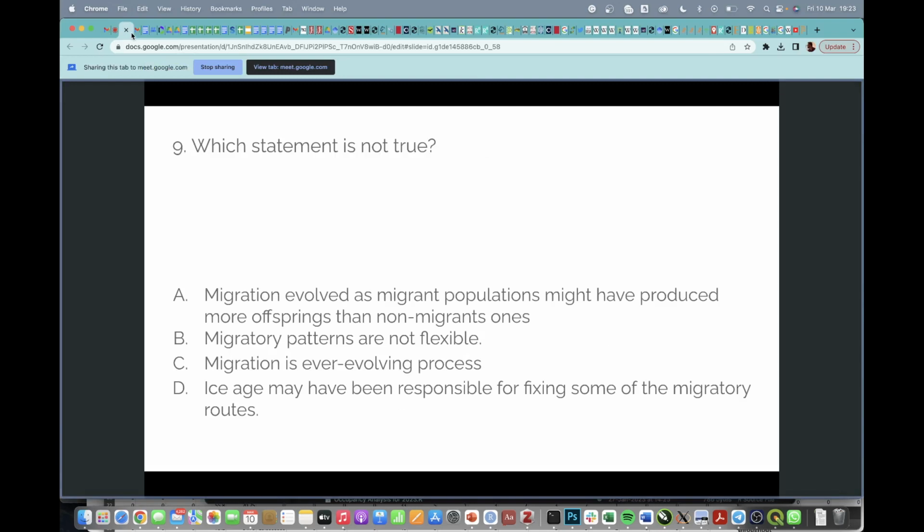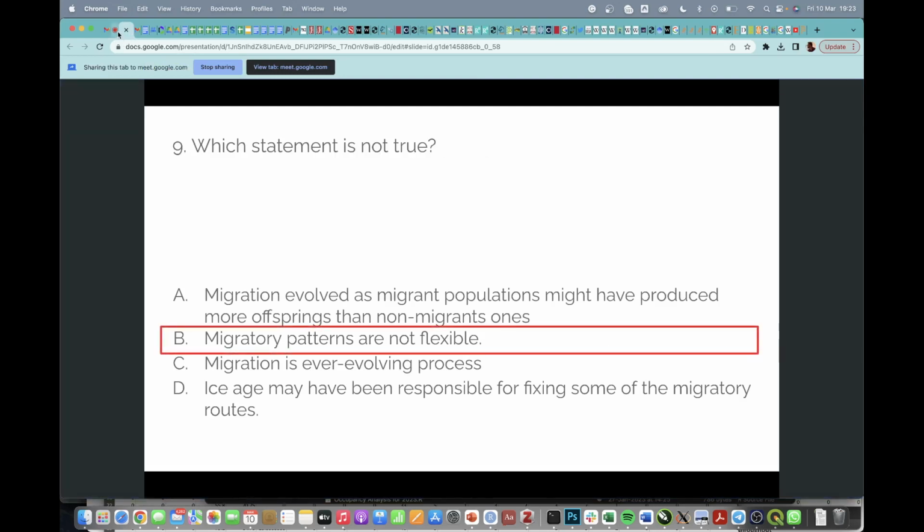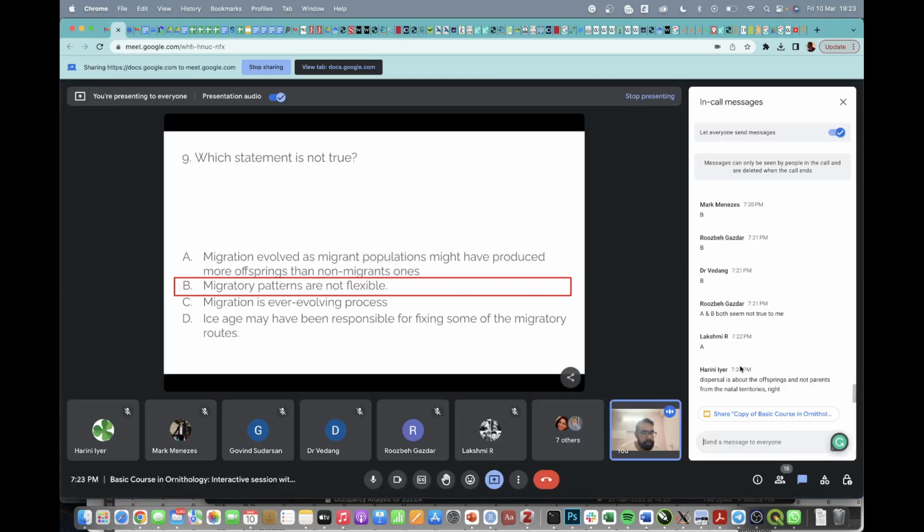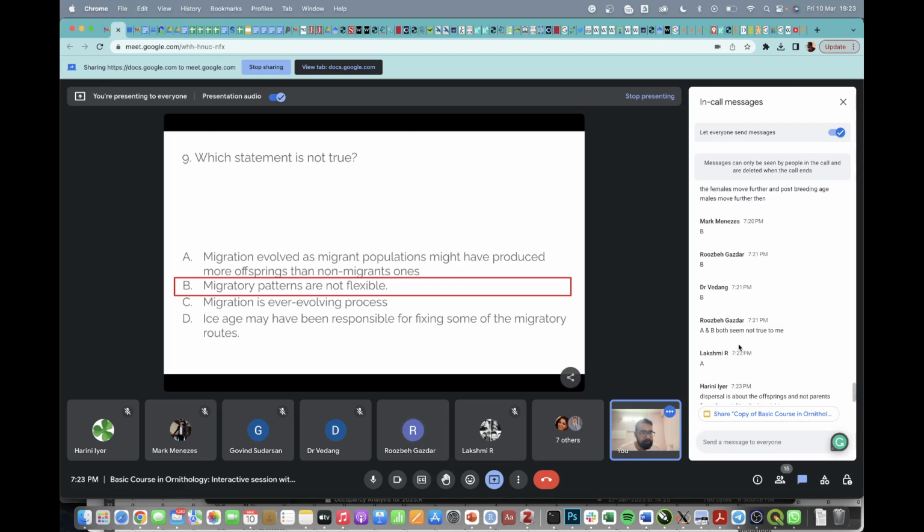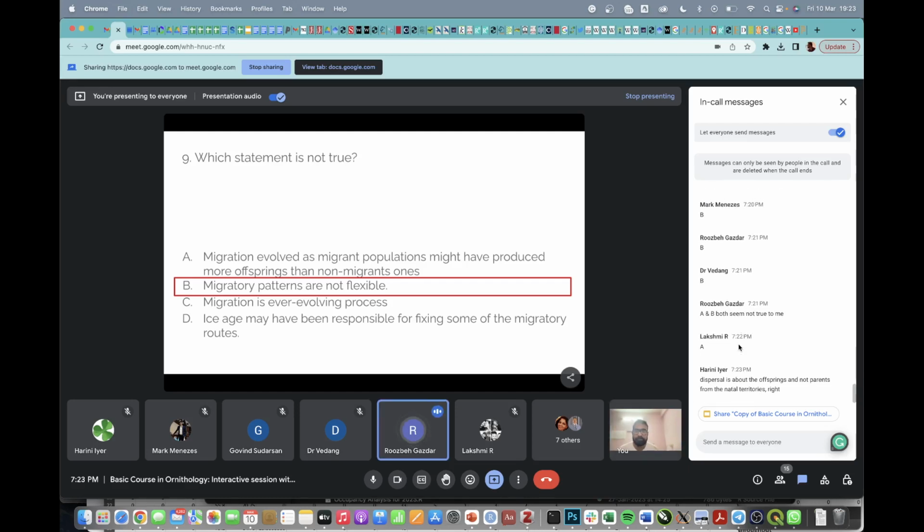Anyways, I think the answer was B. Everyone got it. Suppose A and B both seem not true to me. Rusbe, you're talking about the 9th question, right? Yes, I wasn't sure why A would not be true. No, A is also untrue according to me.